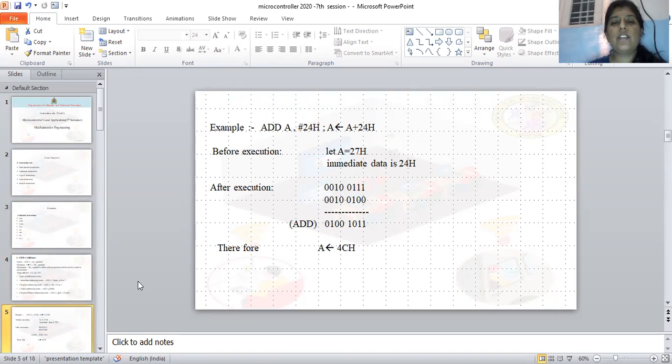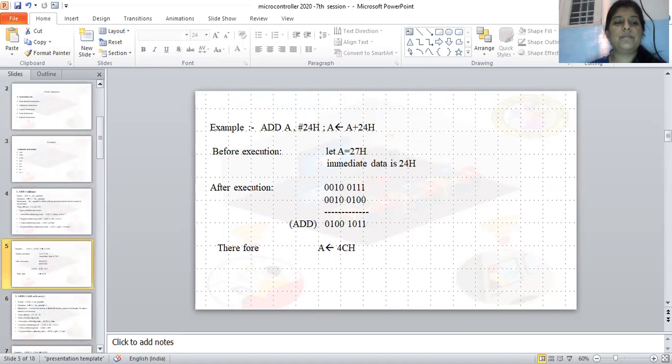The addition of these two data will become 0100 1011. It means that 4Bh will be copied into the accumulator register.